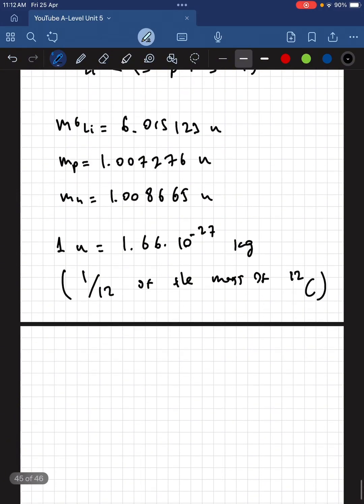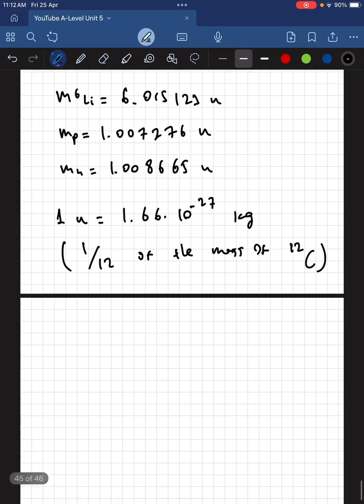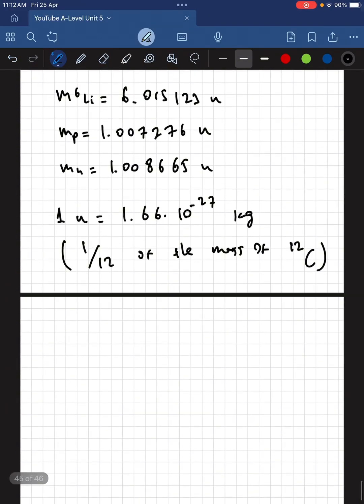Now, remember when I said that lithium is lighter than the mass of 3 protons plus the mass of 3 neutrons? Let's go check that. Let's define delta M to be 3 times the mass of the proton plus 3 times the mass of the neutron minus the mass of lithium-6.